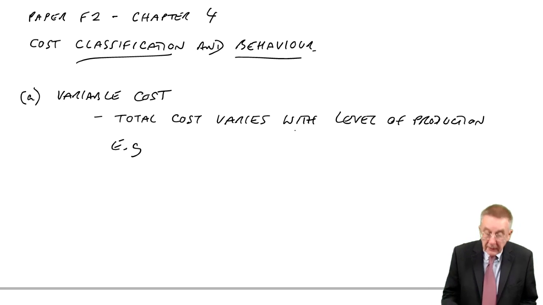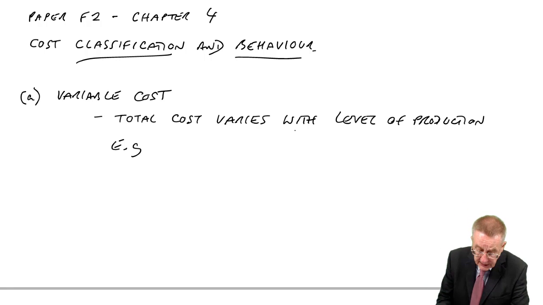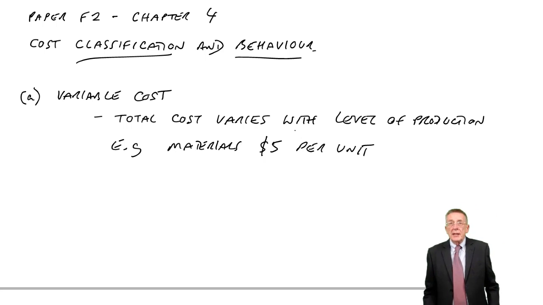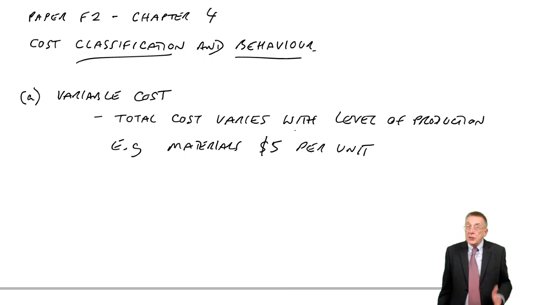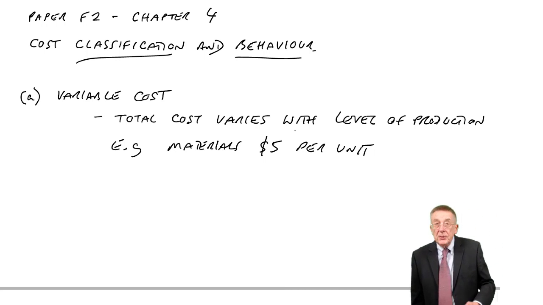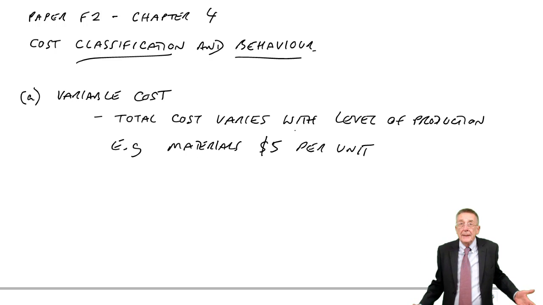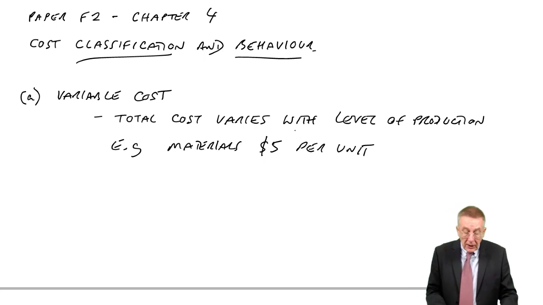For example, materials is a good example. Materials, let's say, are $5 per unit. Well, surely, if I make 1 unit, it's costing in total $5. If I make 2 units, it's costing $10. 3 units, $15, and so on. Well, that's what we mean by variable cost.